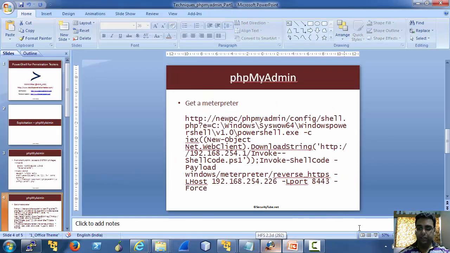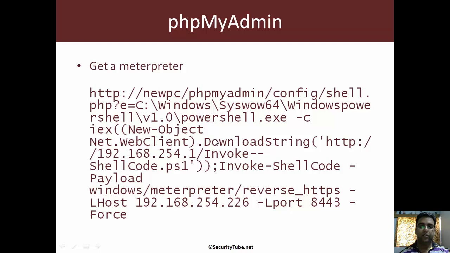Again, this is the URL which you need to use. I have copied it here. Now note a couple of things. Since at least we are supposed to test things in our lab before we do it on a client's network, we noticed in our lab that the PHP process was running as a 32-bit process.